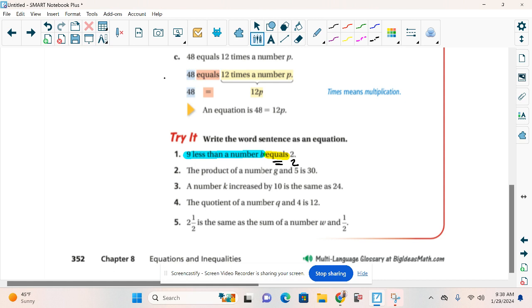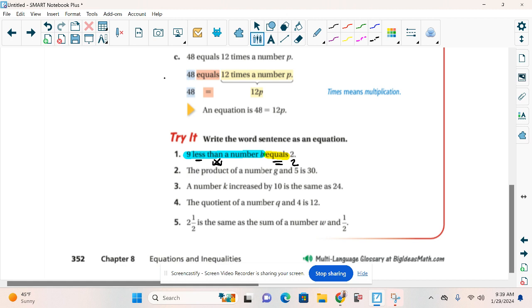Less means to subtract, and than means to swap. I want you to write that so that you get the habit. We're going to decode this. I would write this with a pencil. Now when we swap, we're not swapping everything. We're only swapping the problem part.